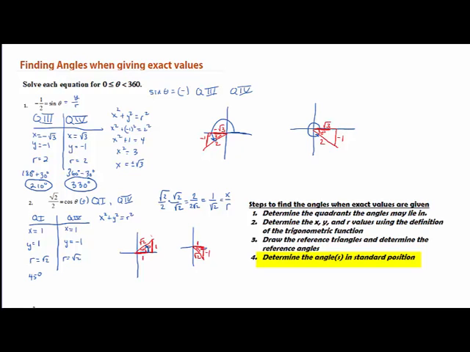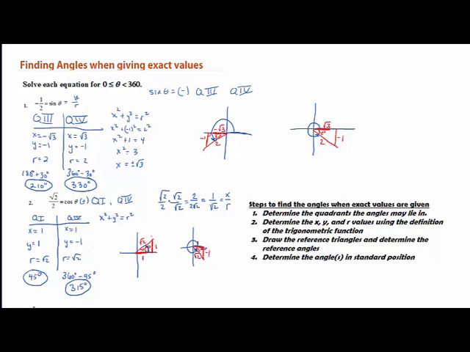In quadrant 4, we start on our positive x-axis and we rotate around until we hit our terminal side. So we're going to go 360 degrees, but go less than that by 45 degrees. So 360 degrees minus 45 degrees is 315 degrees, which is our two answers.